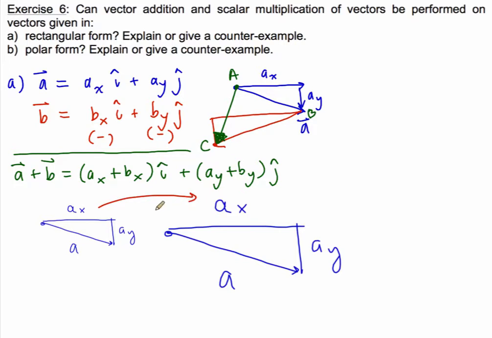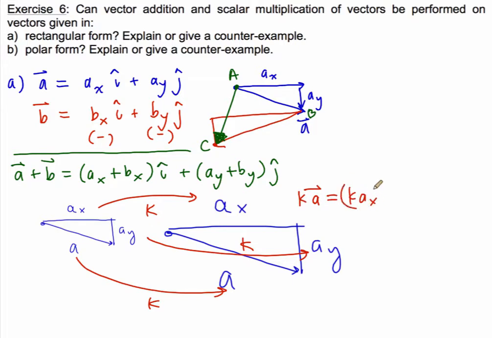If that scale factor is k, in order to keep all of the angles the same and to preserve the similarity of the angles, we have similar triangles. And so vector A being scaled by a factor k affects both the horizontal and the vertical components equally. And so in fact we can perform vector addition and scalar multiplication for vectors in rectangular form.